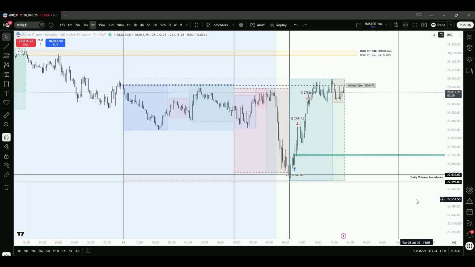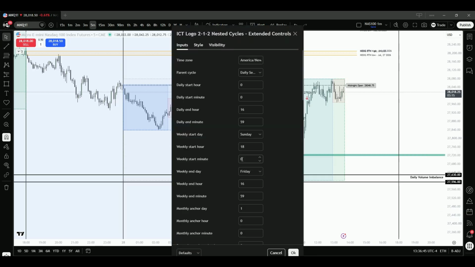Then futures contracts close until 6 p.m. So that's why you have to move your anchor to 4:59 p.m. I'm talking about the closing line of the indicator. Since then I've corrected this, and by default settings it's now 16:59. So here, the daily end hour will be 4:59 p.m.